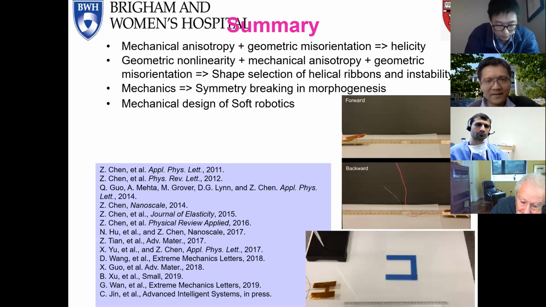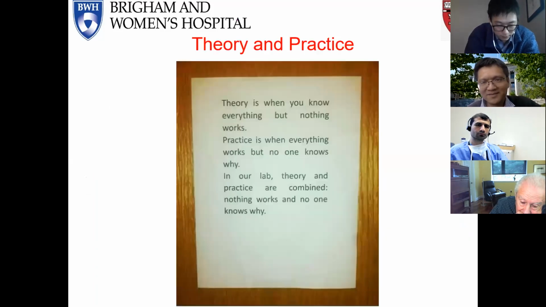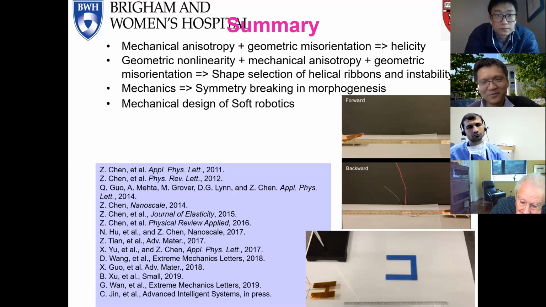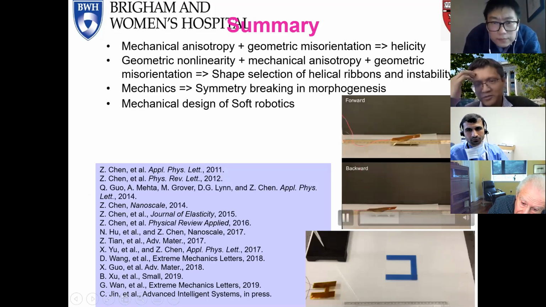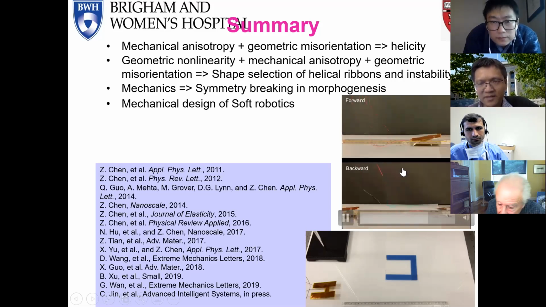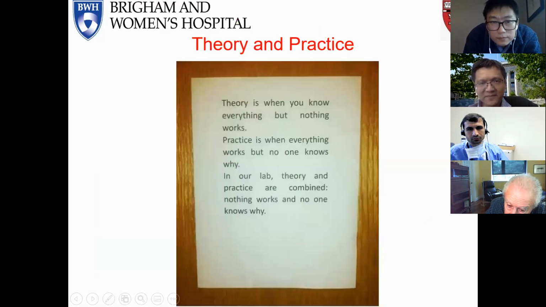This is another paper we published on bioinspired robots, where we use an electrostatic actuator to drive these electrostatic robots that can go back and forth with a bistable leg.